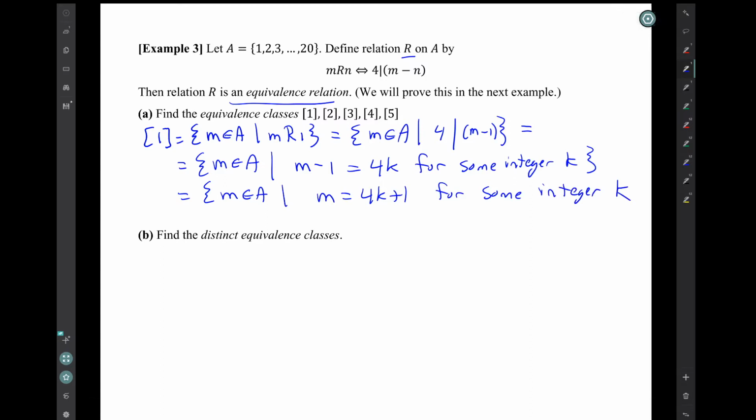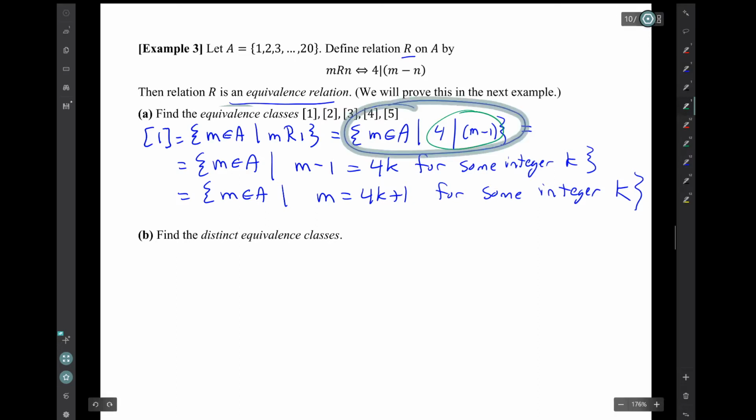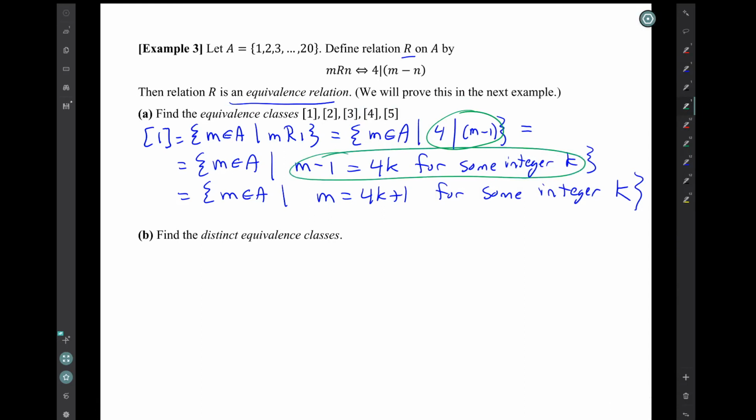So the equivalence class of 1 is the set of all m's in set A that are related to 1. What does that mean? Well, it means it's the set of all numbers m in set A such that 4 divides m minus 1. What does that mean? Well, to say that 4 divides m minus 1 means this: m minus 1 equals 4k for some integer k.